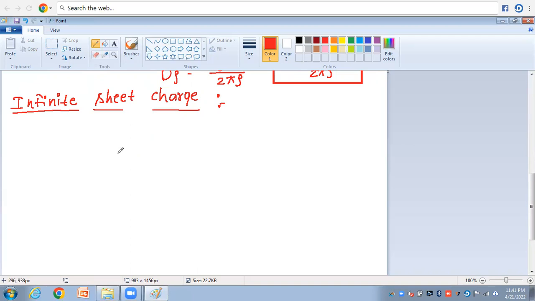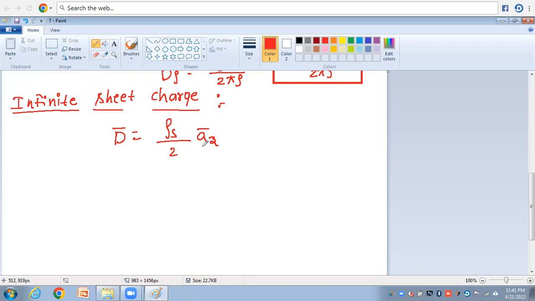E bar equals rho s by 2 epsilon with the a z bar direction. In the same way, D bar equals rho s by 2. In the description, I have provided my previous links, or you may go with my playlist.